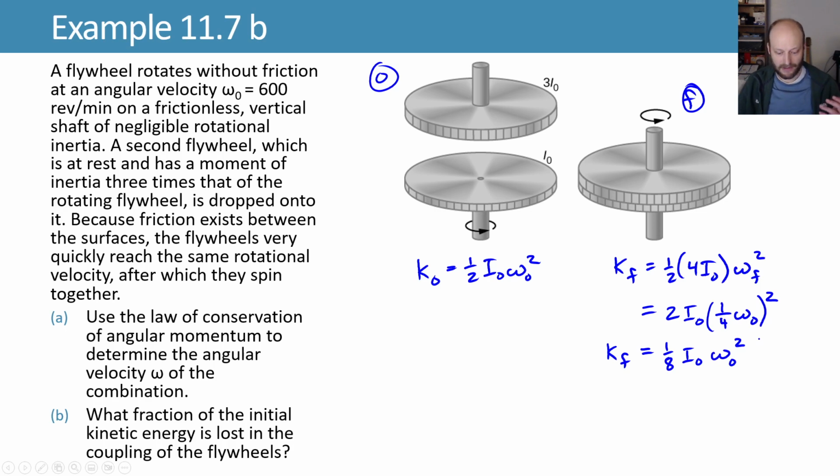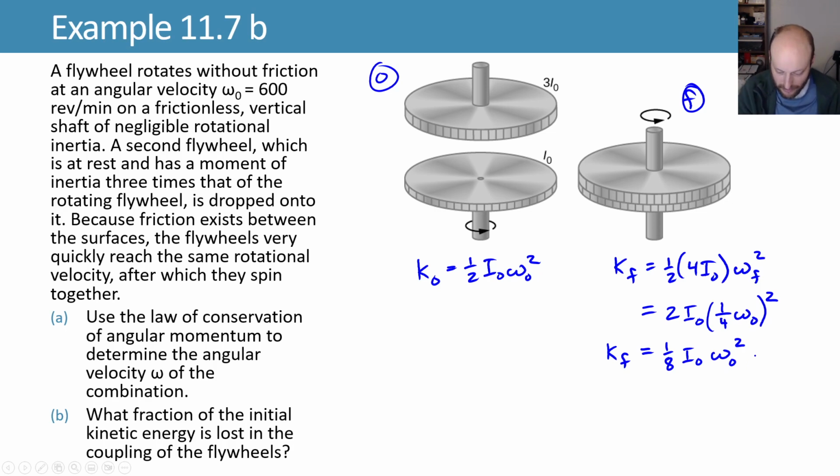And now we can compare these and say what fraction of our initial kinetic energy is lost? Well, the fraction that's lost is related to this ratio. Initially we had 1/2 I naught omega naught squared. Finally, we have 1/8 I naught omega naught squared. So it looks like we've lost 3/4 of our initial energy.